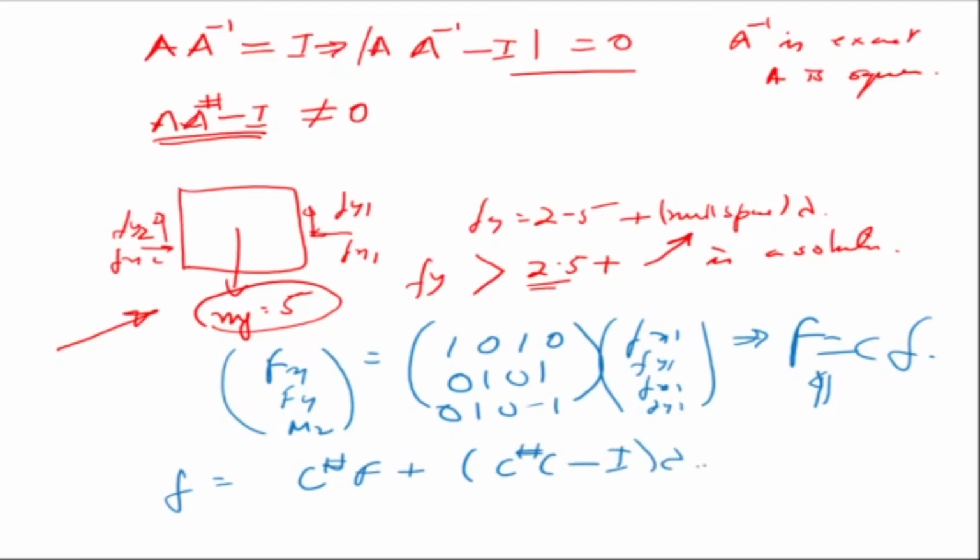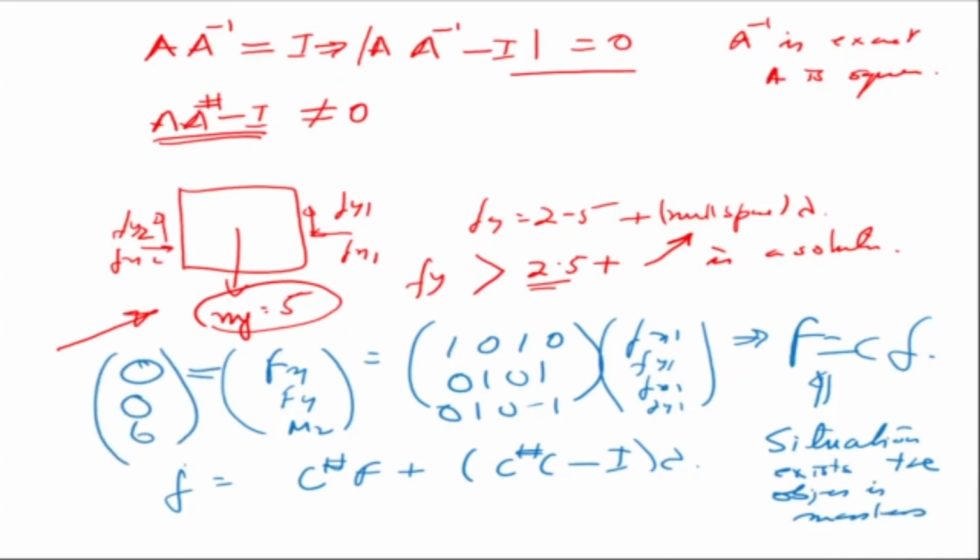Now suppose a situation exists where the object has no mass. So it basically means that this matrix is equal to 0, 0, 0. There is no force, the object is massless.